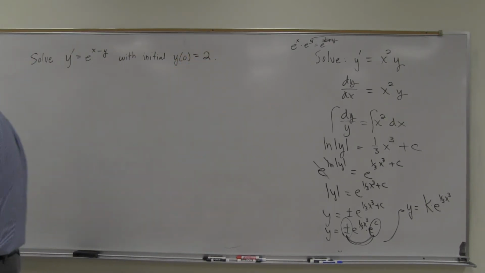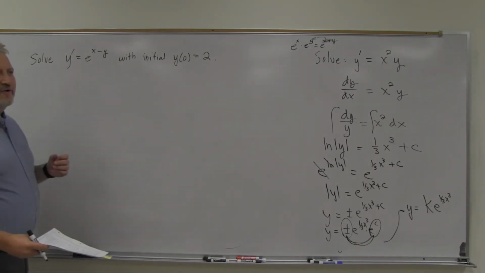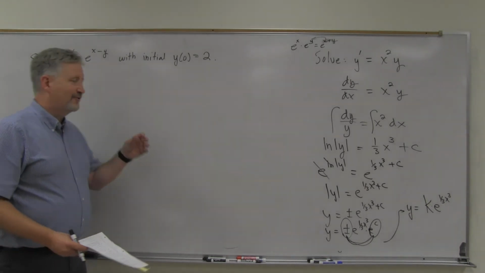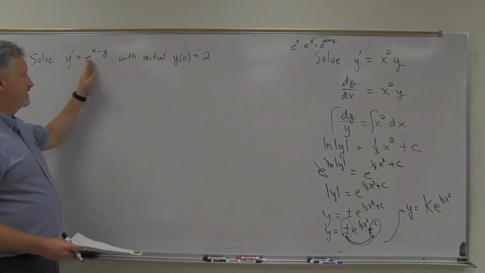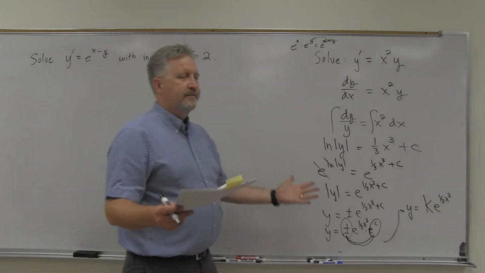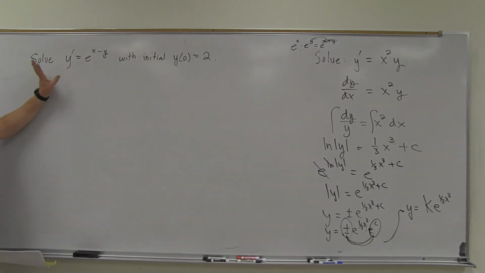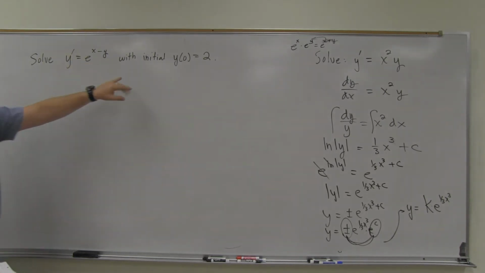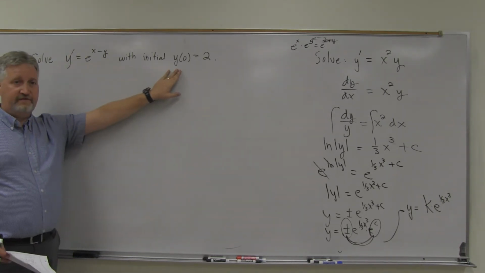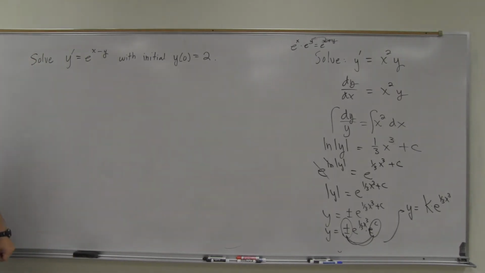Probably I should phrase it a little more clearly: what they'll say is find the solution to y prime equals e to the x minus y with initial value y at 0 equals 2. That's my shorthand way of writing that. We're going to solve this, and then find the particular specific solution that works for that condition as well.